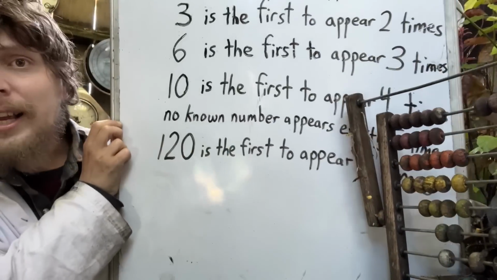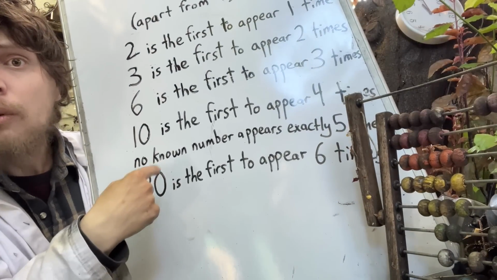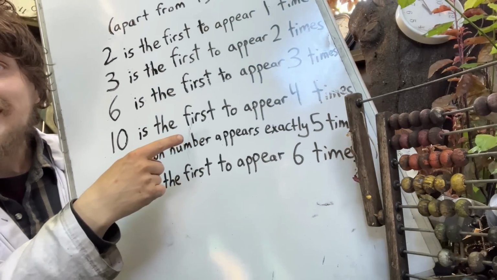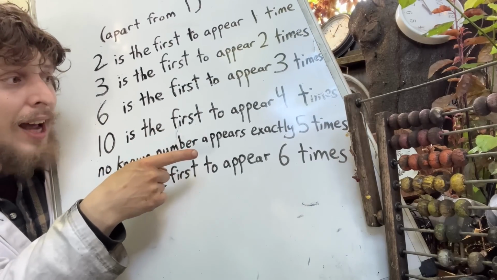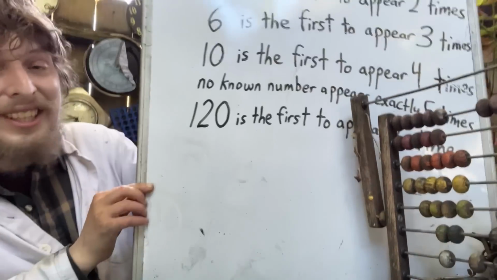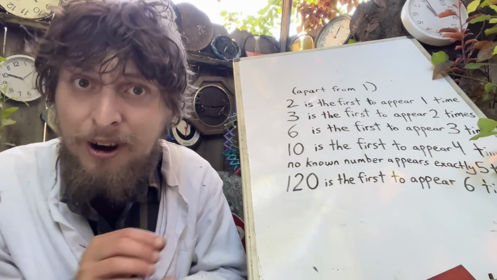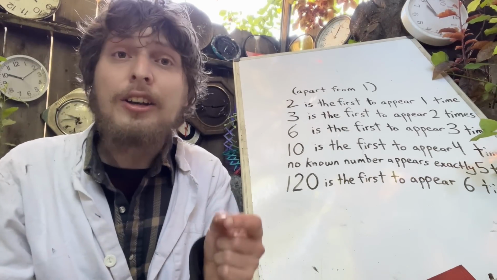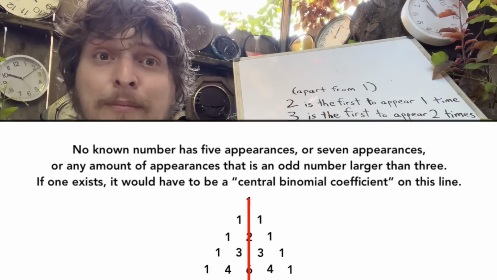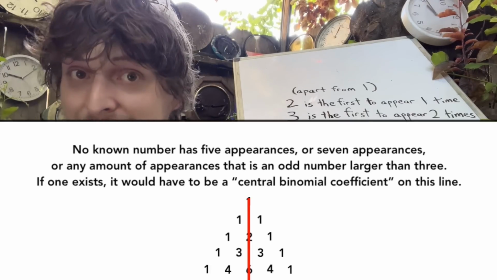You can also notice that I mentioned here no known number appears exactly 5 times. And it's actually true that there is no known number that appears an odd amount of times more than 3 times.